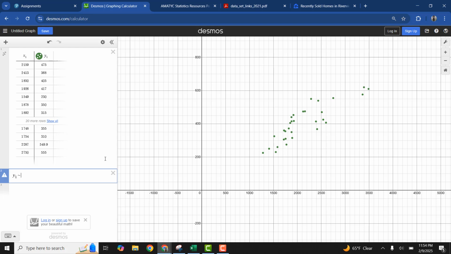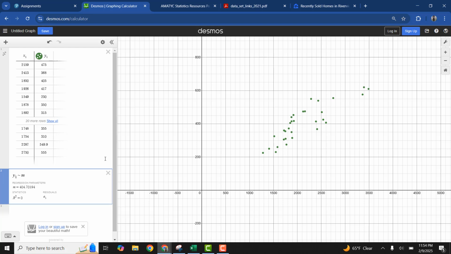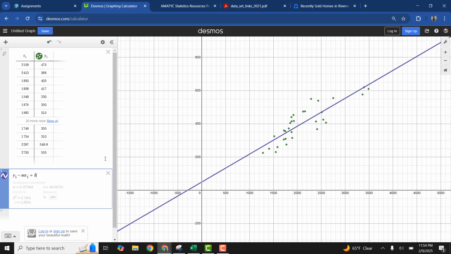So y1 tilde m, our x variable is called x1, so I'll just type in x1. It automatically makes a subscript plus b. So there you go. Our estimate for the slope is 0.1679, and our estimate for the y-intercept is 49.647, etc.